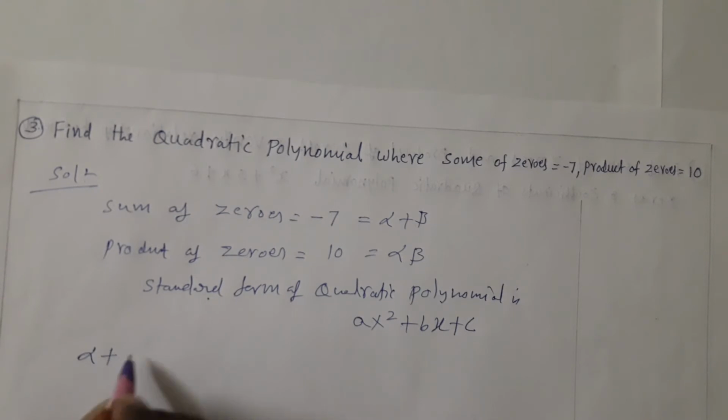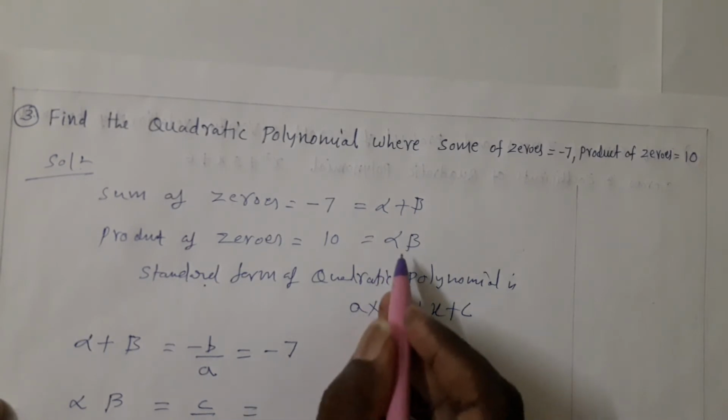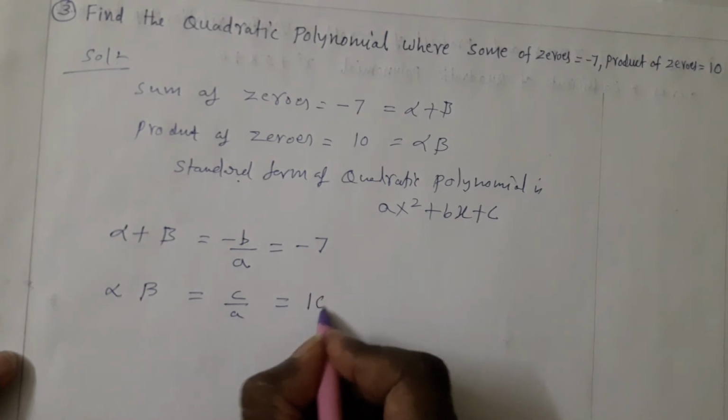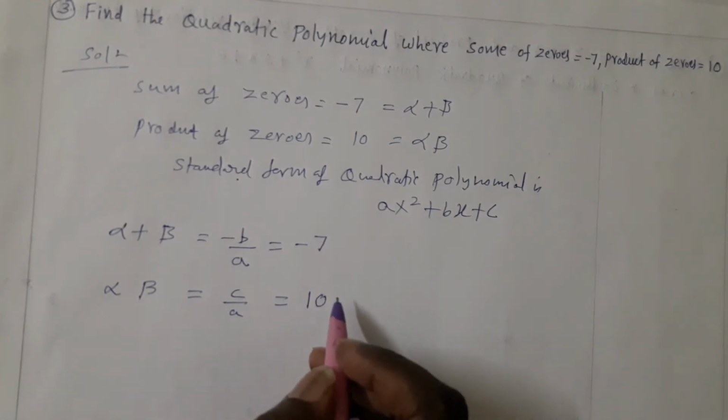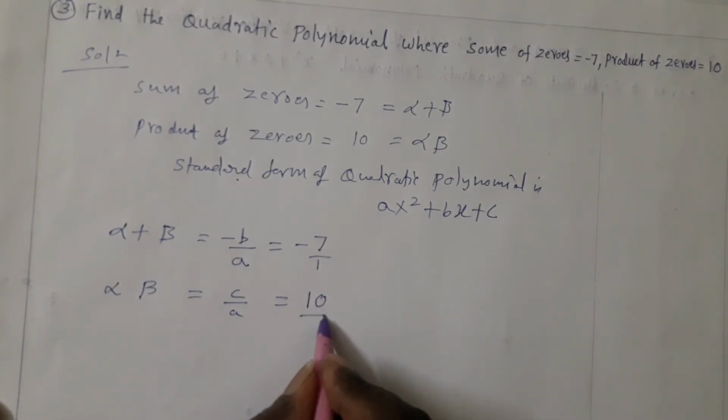Sum of zeros alpha plus beta is also called minus b by a, that is equal to alpha plus beta value, minus 7. Product of zeros alpha beta is also called c by a, that is alpha beta value, 10. There is nothing in the denominator, we can write it as 1. Here also we can write it as 1.